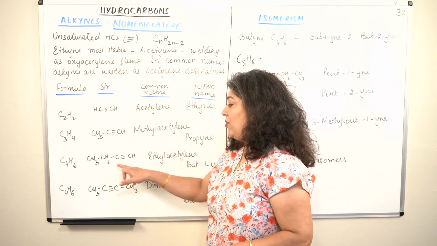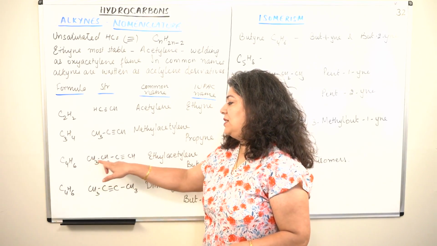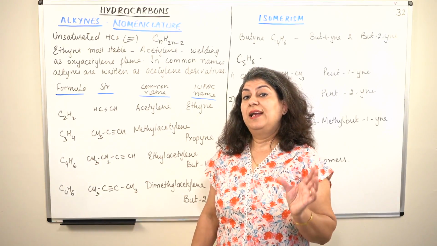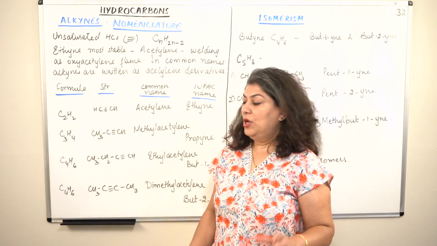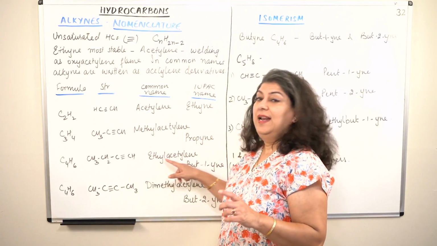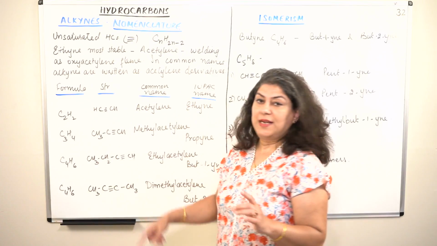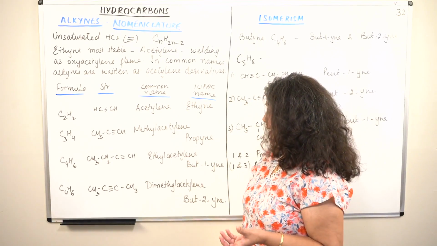But to this side of the carbon, or the acetylene part, we see there's a CH3, CH2, which alkyl group? It is the ethyl group. So in common nomenclature, this is known as ethyl acetylene, right? This part is acetylene and ethyl group is attached to it, therefore it is known as ethyl acetylene.